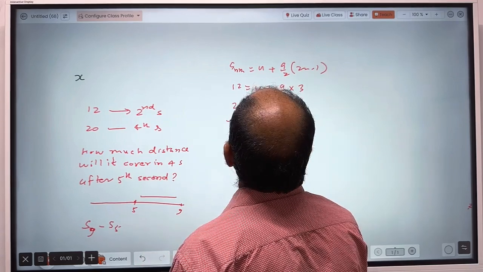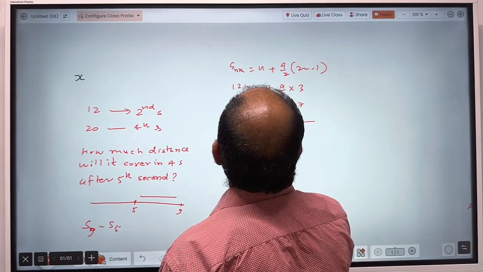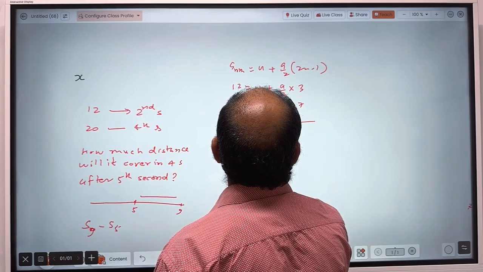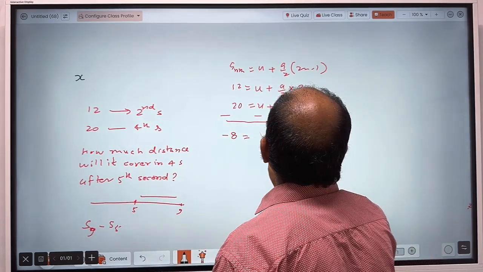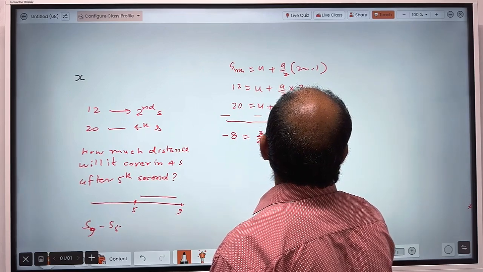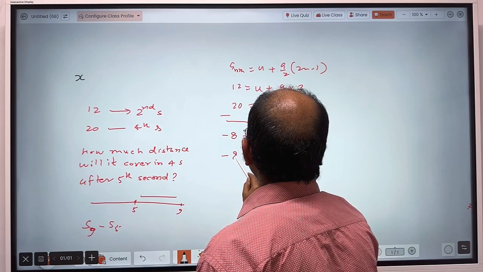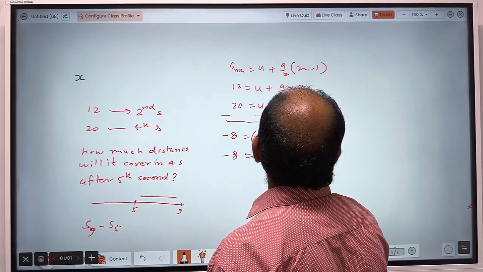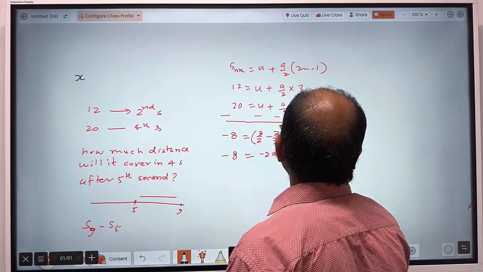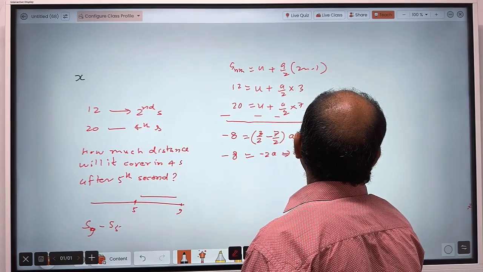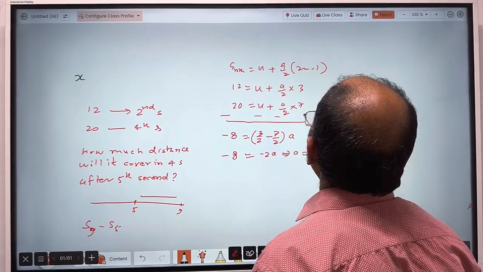Now do one thing, just subtract it. So this will become minus 8 equals, these two terms will get cancelled, and here 3 by 2 minus 7 by 2 times a. So minus 8 equals minus 4 by 2, that is minus 2a, which gives a equals 4 meter per second square.